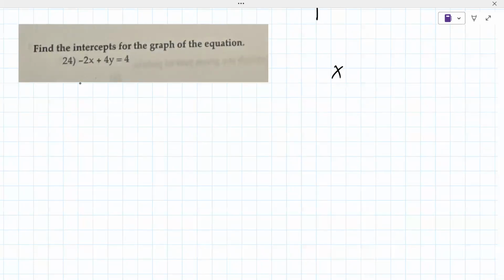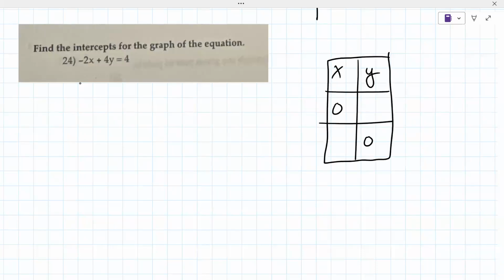Same thing here. Make a table. Table's really clear. X would equal 4.